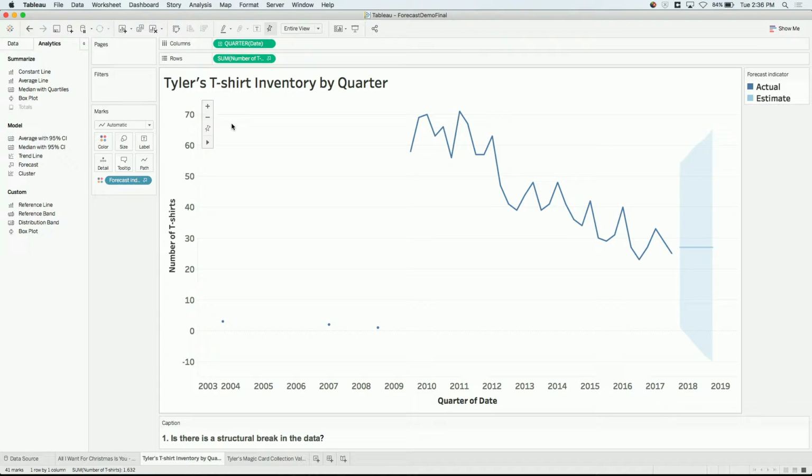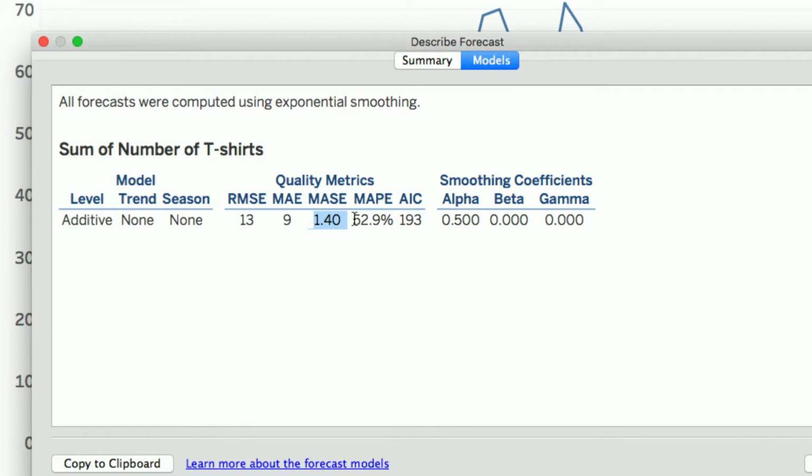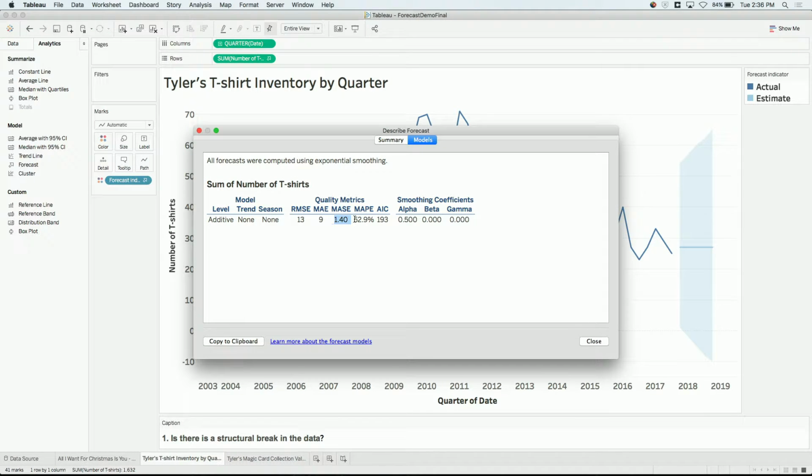Now, this is not a forecast that I would expect, but is it a quality forecast? Well, right-click on the viz, describe forecast, and we'll find the MASE here, and we can see that the MASE is 1.4. This model has 140% as much error as the naive forecast. We would have been better off just copying values forward.